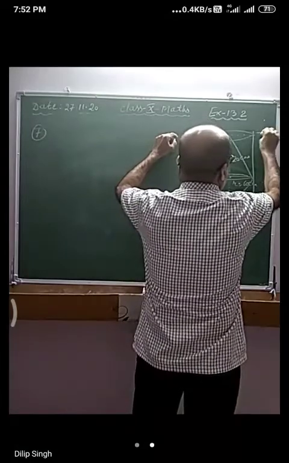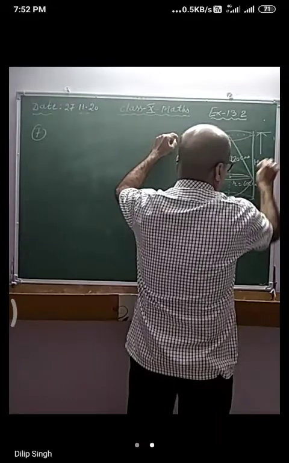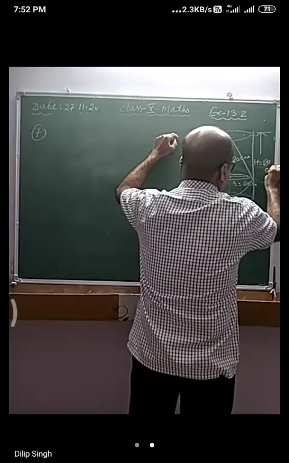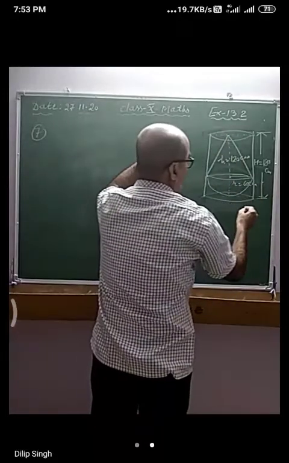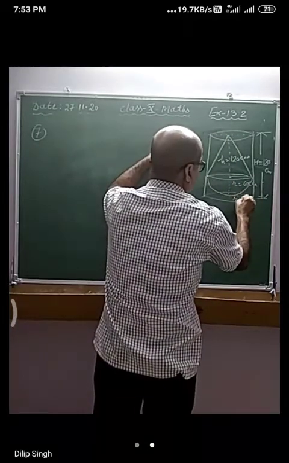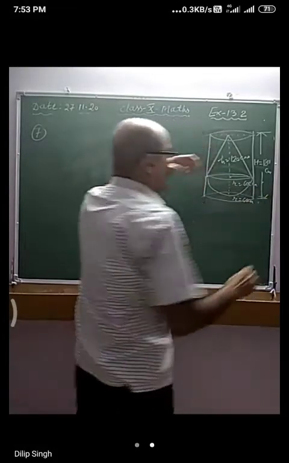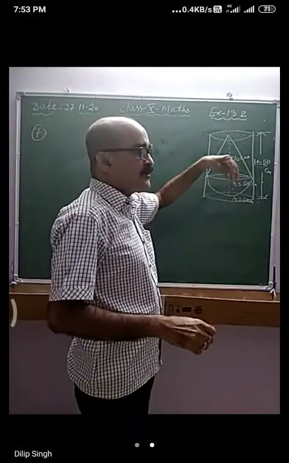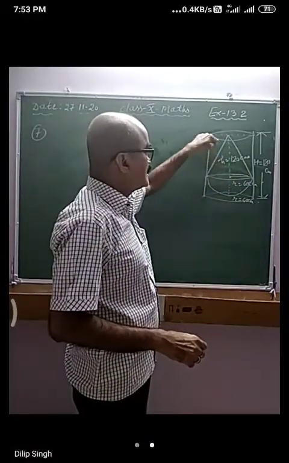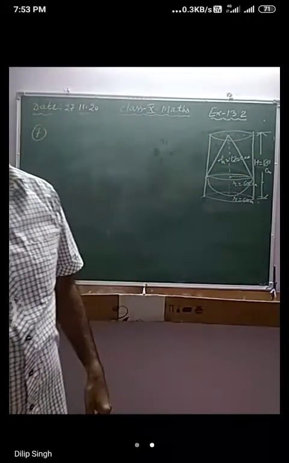So height of this bigger cylinder H will be equal to 120 plus 60, that is 180 centimeter, right. And the radius will be the same, because the base of all is the same. R is equal to 60 centimeter. Now this is full of water. When you insert this object in this cylinder, then you need to find how much water is left in the cylinder.